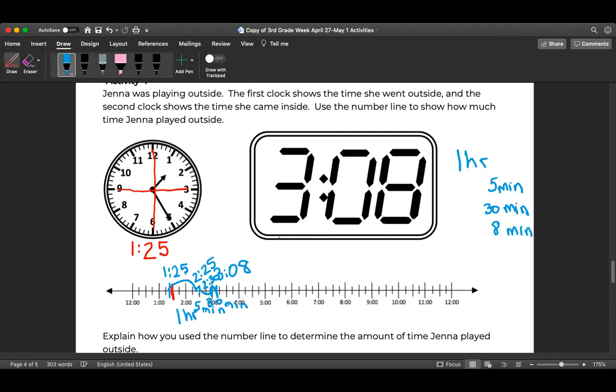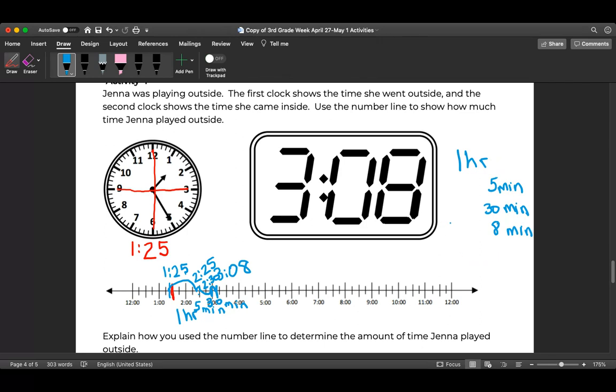So from 1:25 to 2:25 is 1 hour. From 2:25 to 2:30 is 5 minutes. From 2:30 to 3 o'clock is 30 minutes. And then from 3 o'clock to 3:08 is 8 minutes. And like I said, I don't like this number line much, but that's why I'm working through this one with you.